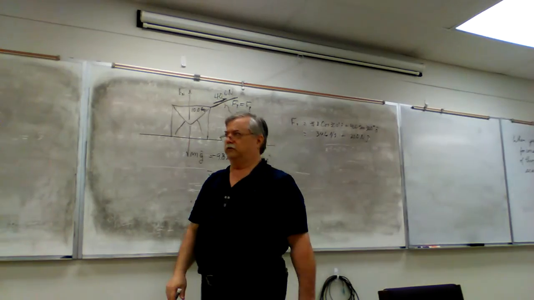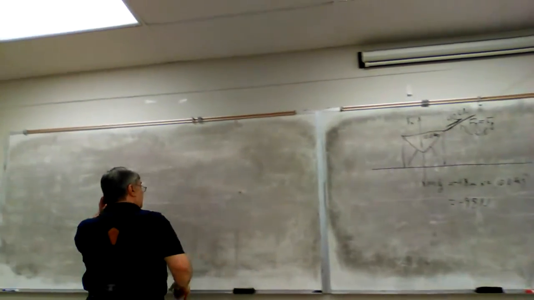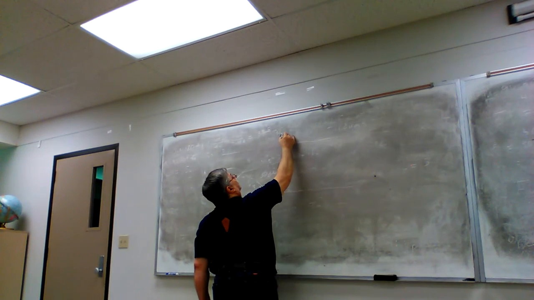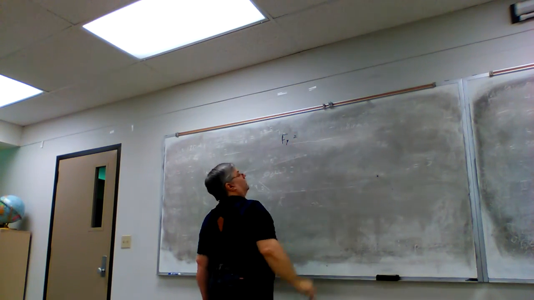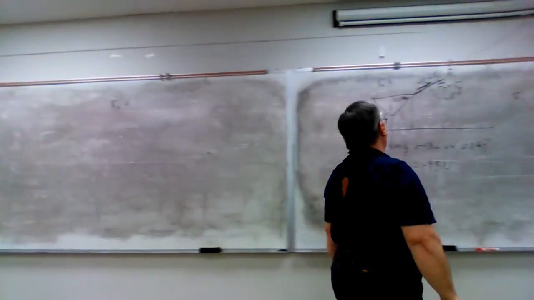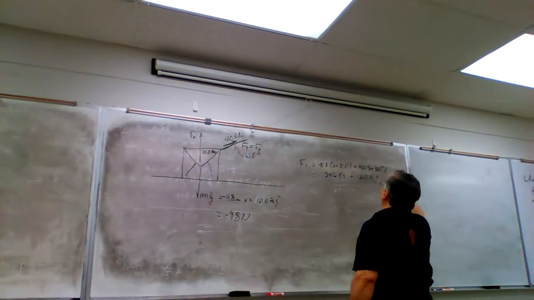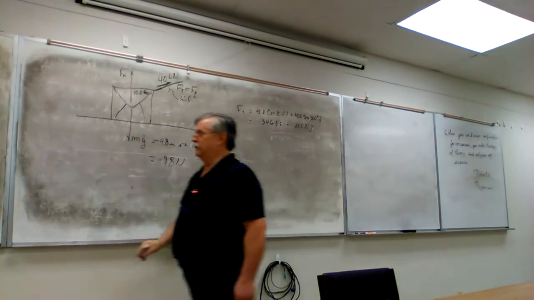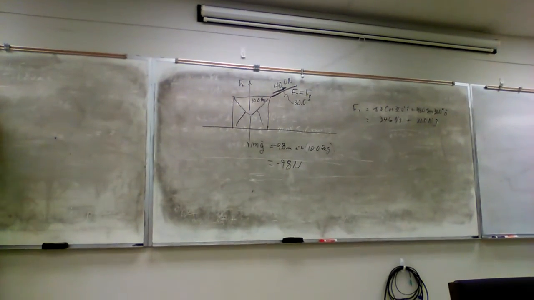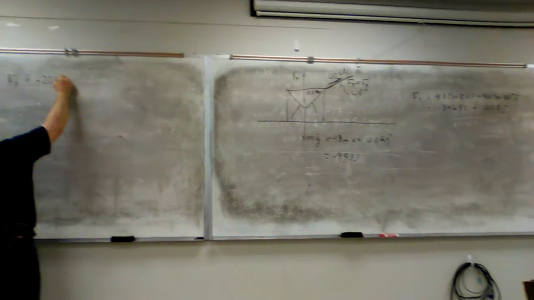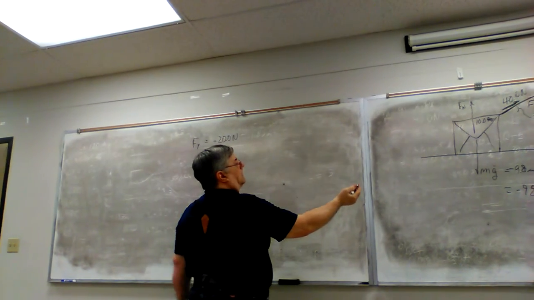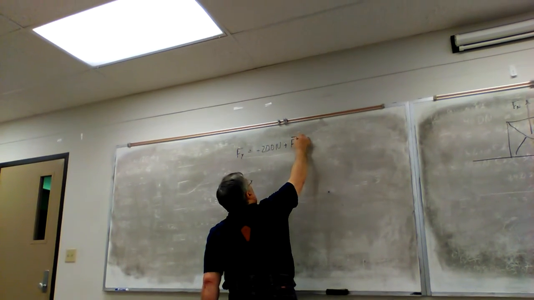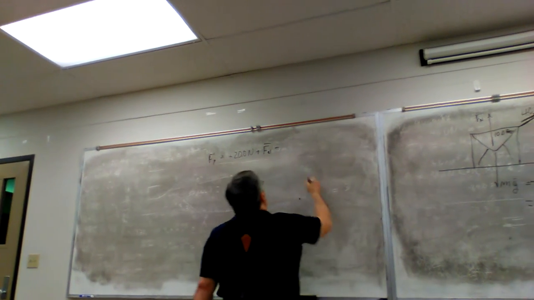So the vector sum of the forces in the vertical equals 20 newtons plus the normal force minus 98 newtons.